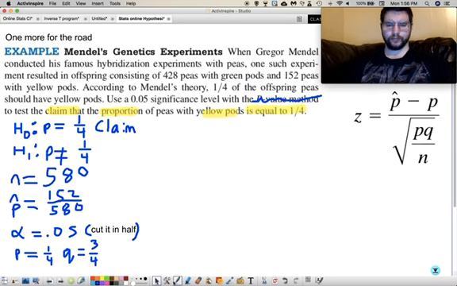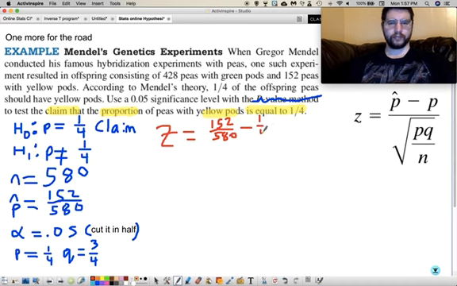So our test statistic is equal to P hat, that's 152 out of 580, minus P, over the square root of P times Q over N.